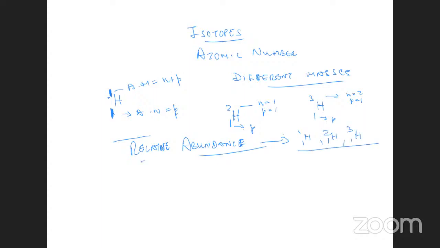The relative abundance tells us what percentage of each one exists: what percentage is hydrogen, deuterium, and tritium. So the total should come to 100. That percentage is known as relative abundance because it is relative to the other 2 or whatever other isotopes.